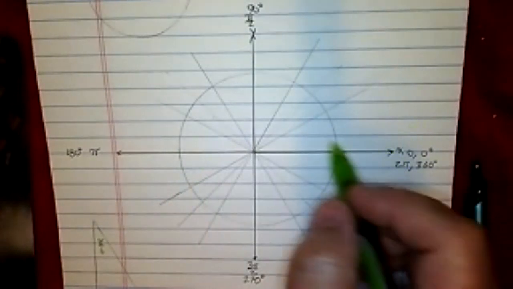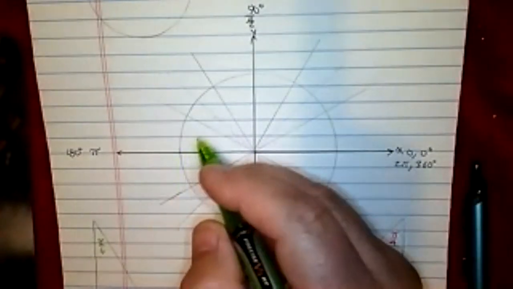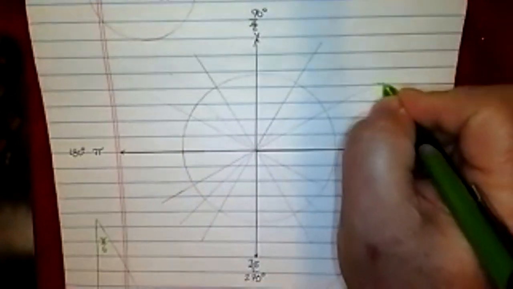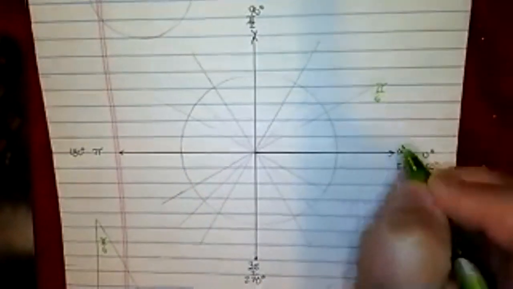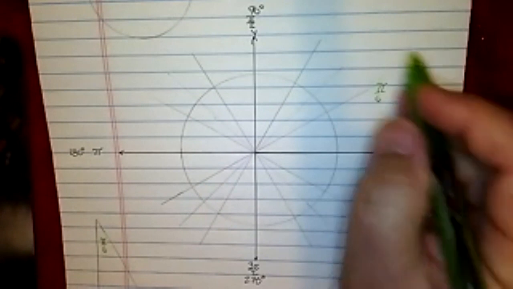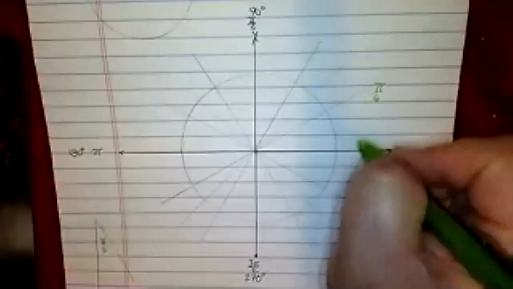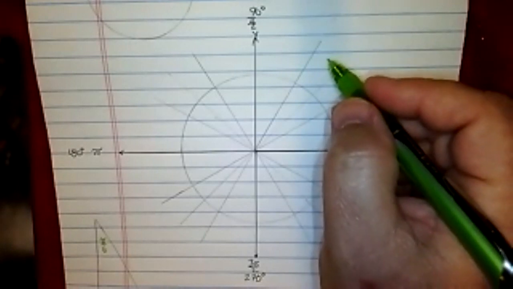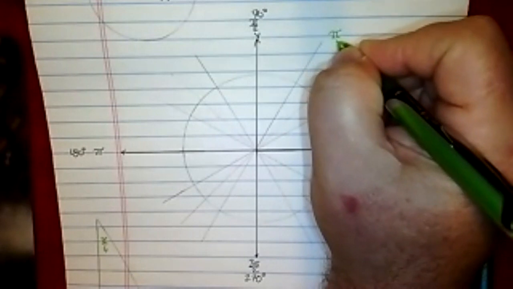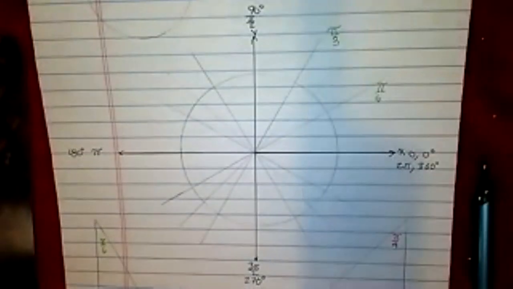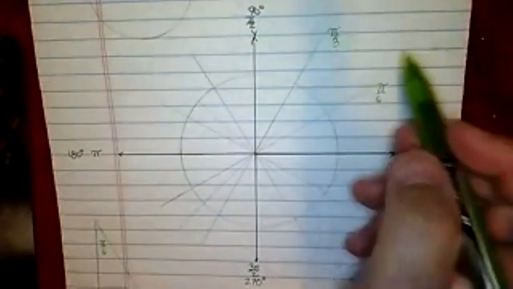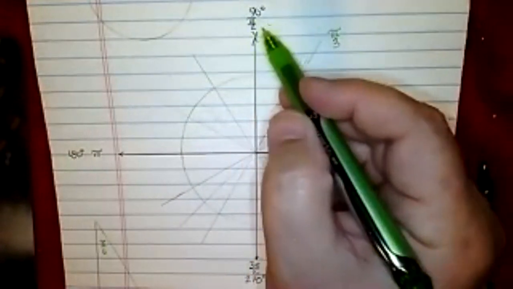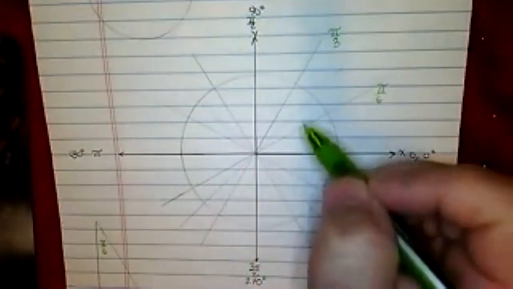So you can automatically see that each of these is 1/6 of pi. So you now have that this is pi over 6. This is 1 pi over 6, 2 pi over 6. Well, 2 pi over 6 is the same thing as pi over 3, just reducing the fraction. This is 3 pi over 6, which is pi over 2. So we got that, and that agrees with what we're talking about.